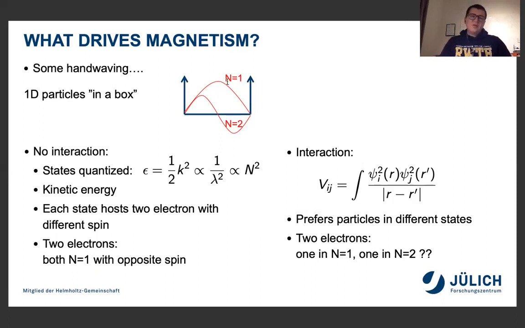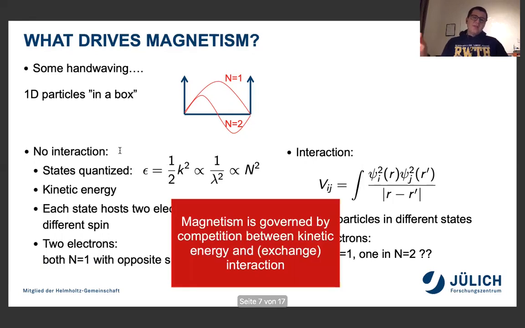If you now take into account interaction and don't have a free electron system anymore, this interaction term would cause the electrons to move into different states, because they in principle repel each other. So the interaction is the part which drives the electrons from one state to another: n equals 1 for one electron and n equals 2 for the other. The non-interacting part is the one which doesn't drive them into different states.